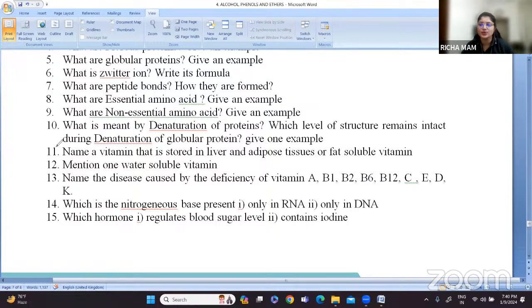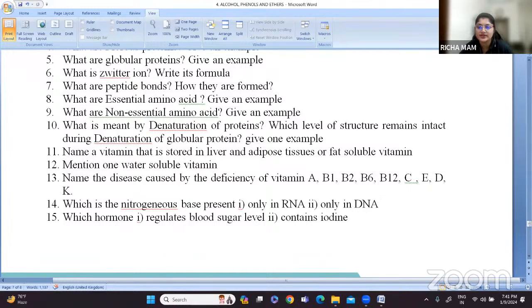Then which is the hormone which contains iodine?